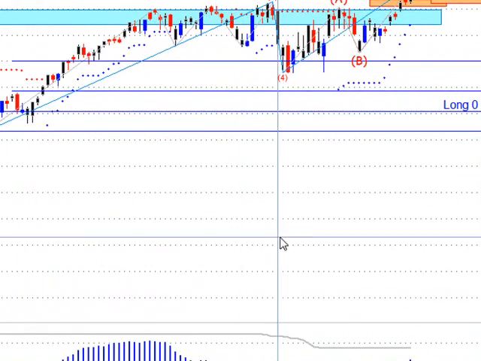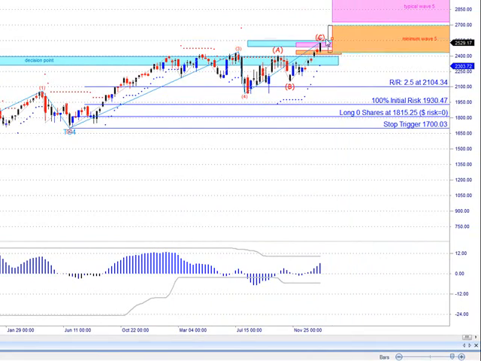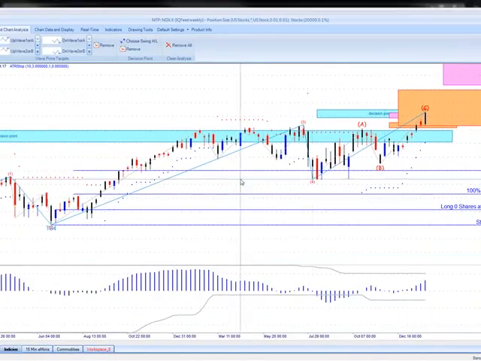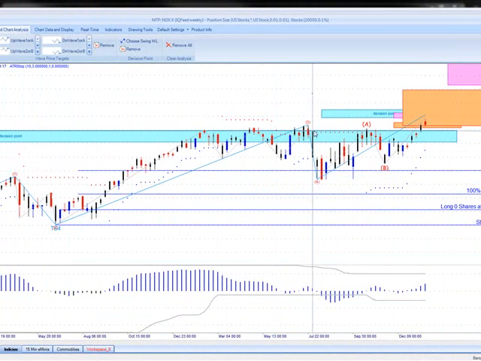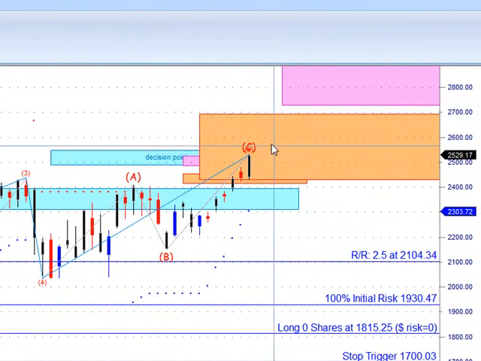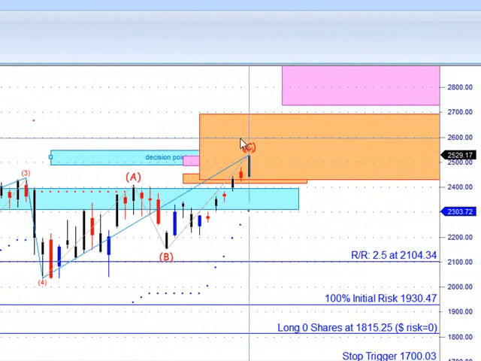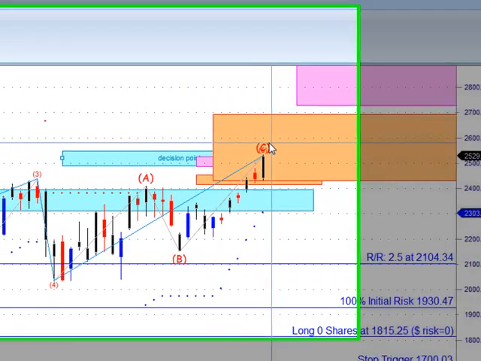On the NQ here, we had a little wave pattern that came in on the NQ. It's a major pattern. You had up to 1, down to 2, up to 3, down to 4, came into wave 5 last week. In the NQ, also have some decision point resistance up in that area. So NQ has had quite a good rally.